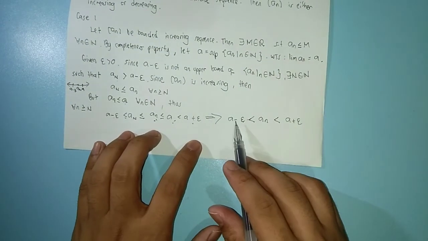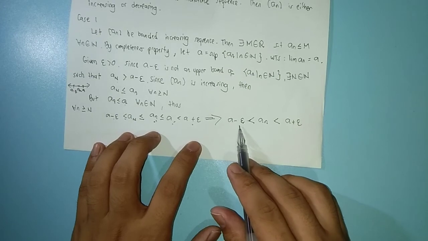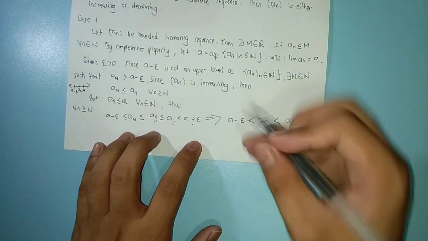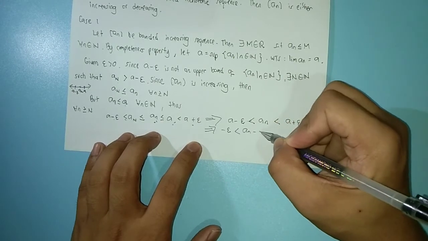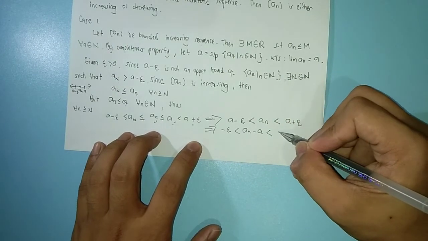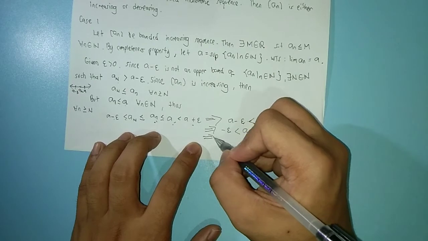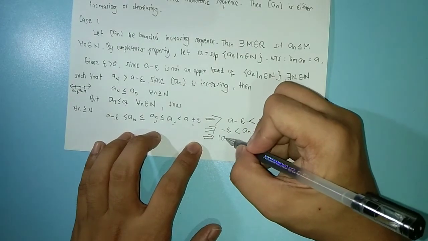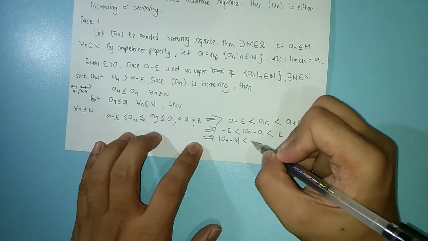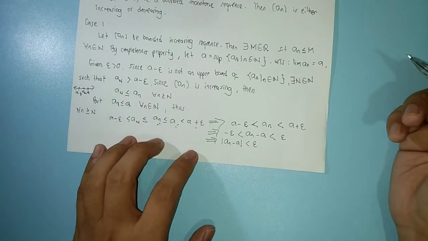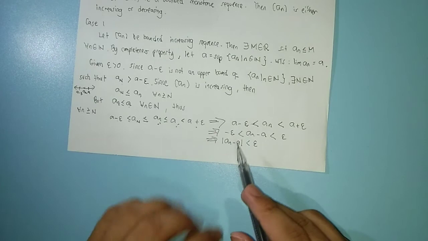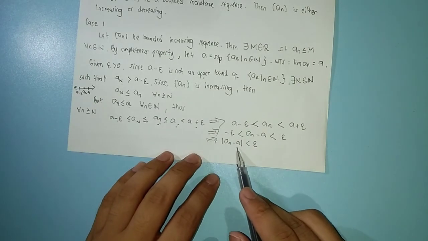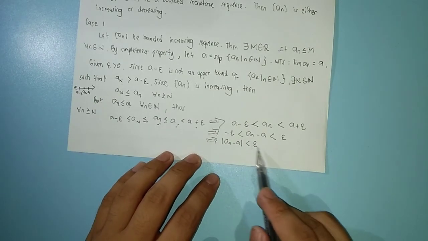Okay? And magsusubtract lang ako ng A sa lahat ng sides niyan. So magiging negative epsilon less than a sub n minus A less than positive epsilon. Then property of absolute value, that is absolute value of a sub n minus A is less than epsilon. And as you can see, for as n becomes larger than N, the absolute value of a sub n minus A is less than epsilon.